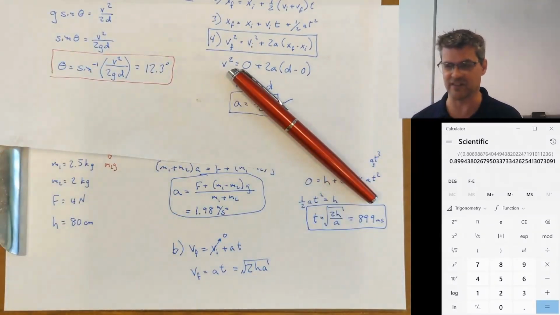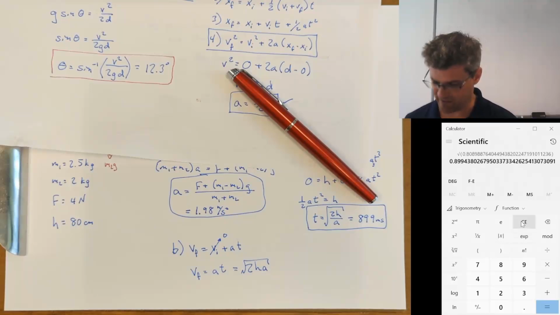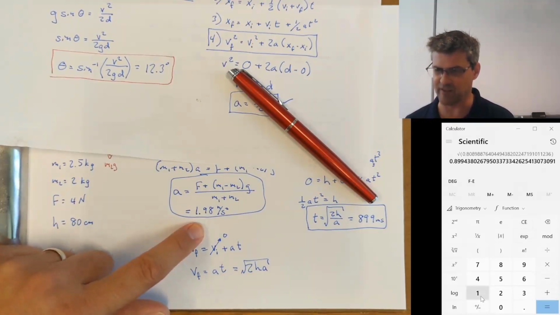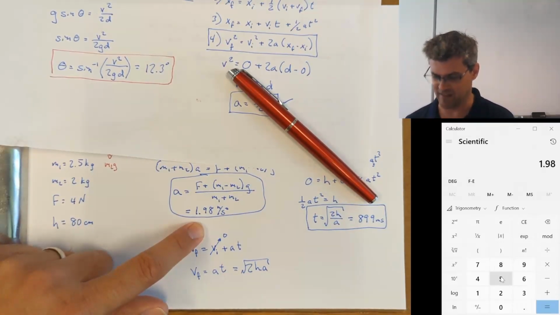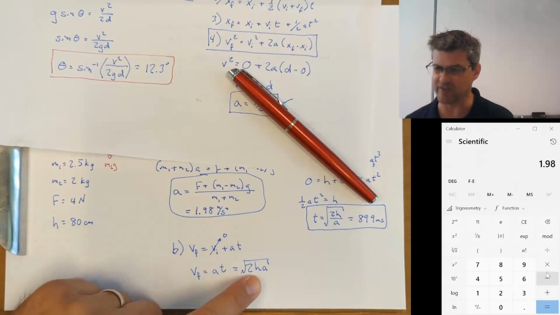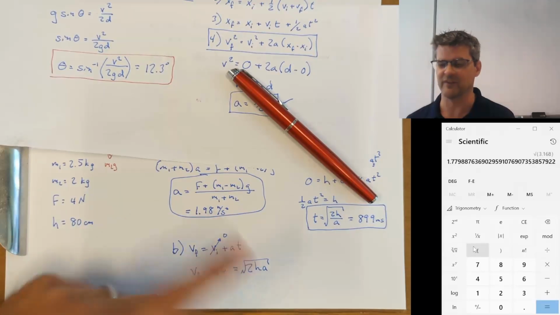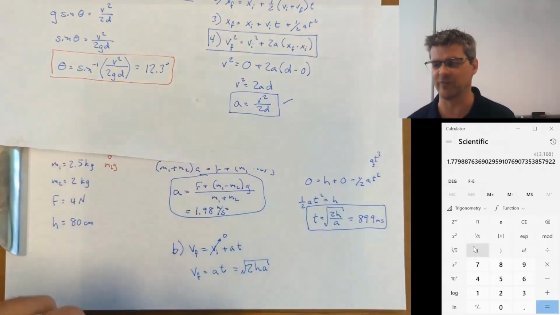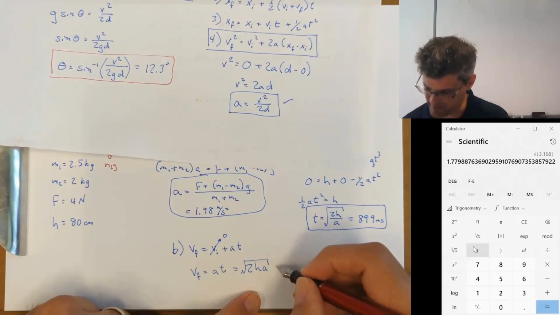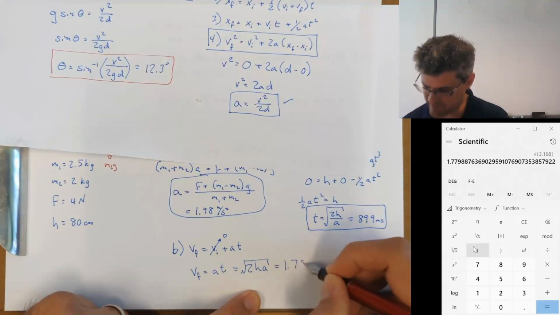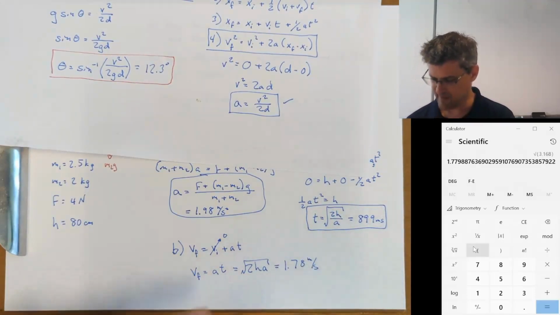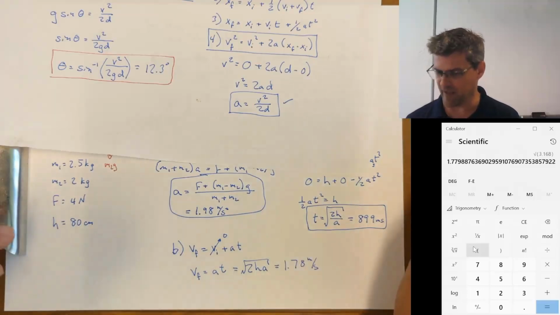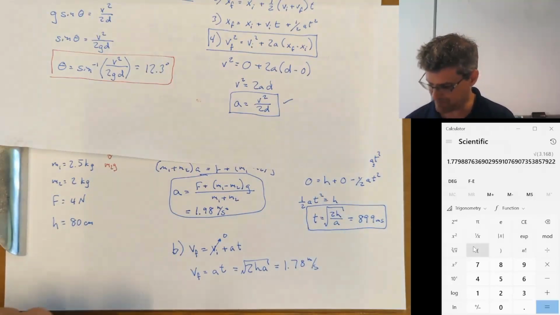Interesting. We don't need to use the time, but I could go back and find out what the acceleration is, 1.98 in this particular case. Times h, 0.8, times 2, great. Take the square root. So about 1.78 meters per second is how fast it is going when M1 hits the tabletop.